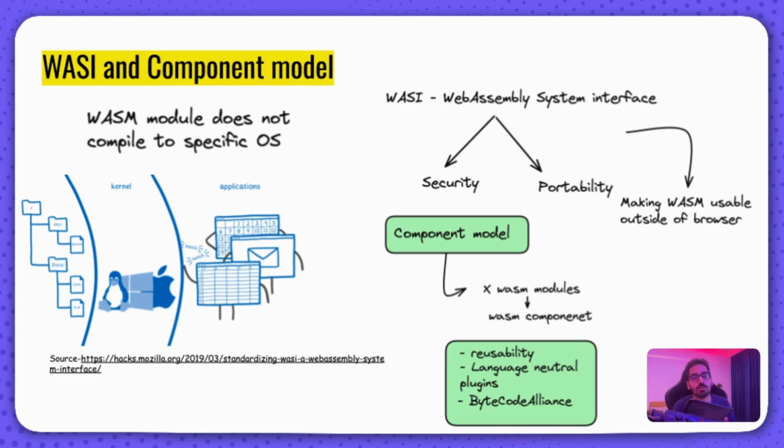So think of code. WebAssembly lets you write code in any language. So think of you writing code in Rust or in Python, and you have written something that can benefit a lot of other users as well. You package that, and the other person is able to just import what you have written and use it in their program. That removes the duplication you might otherwise have to write. It improves reusability.